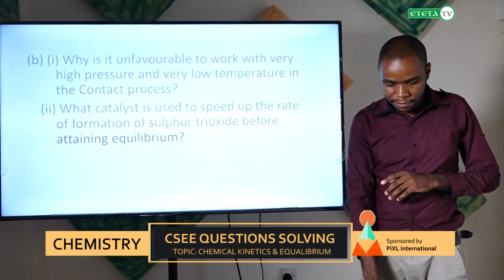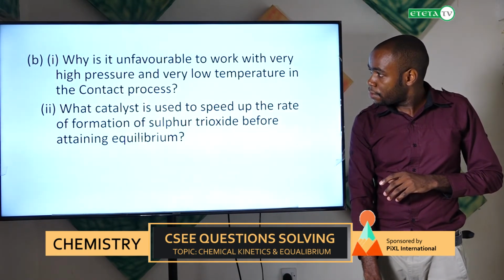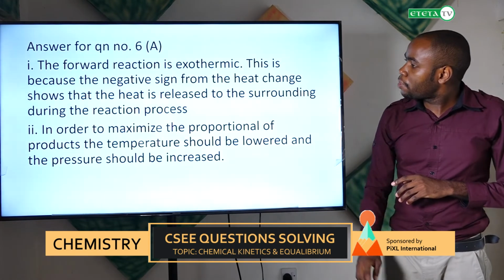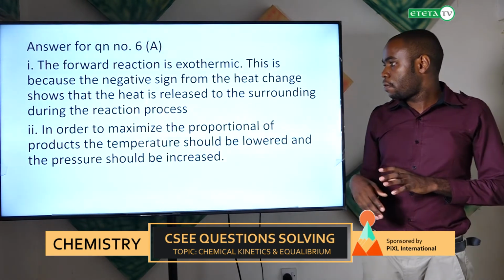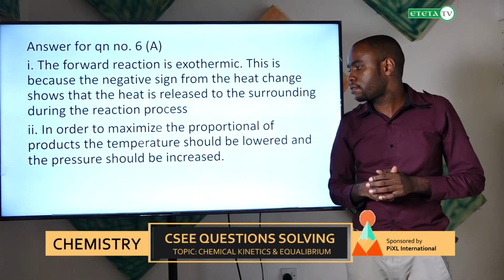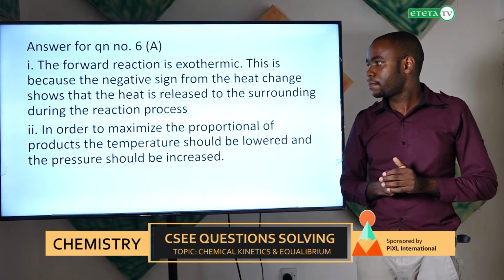So in order to maximize the proportion of product, the temperature should be lowered and the pressure should be increased.